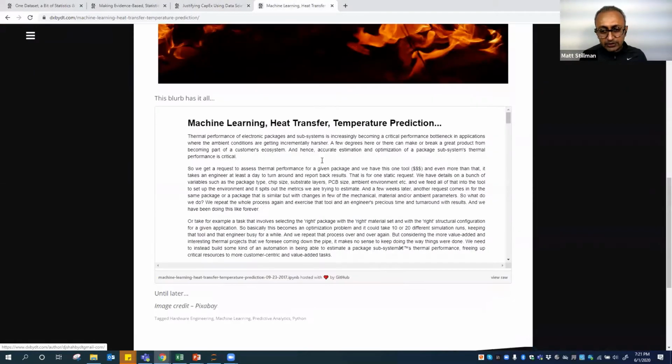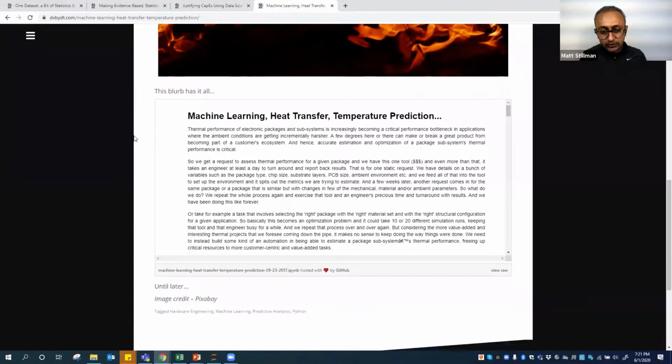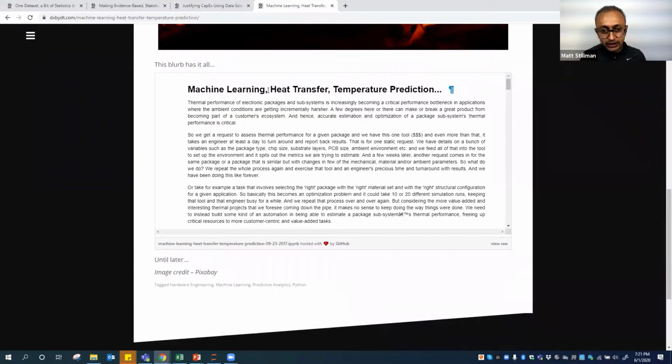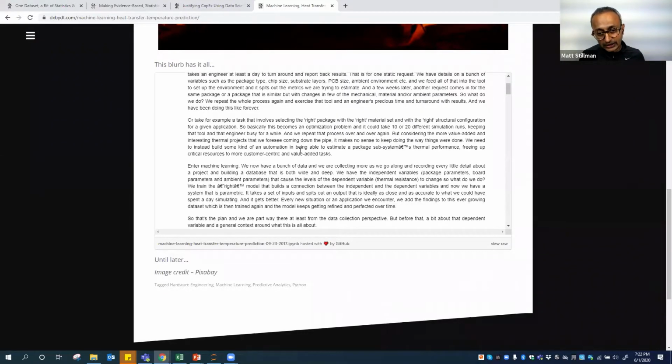This is another flavor. I told you that I work in hard engineering. I have a set of people who model thermal performance, thermal being heat, as in how the device dissipates heat. This is another use of data science which makes my life easier at work.